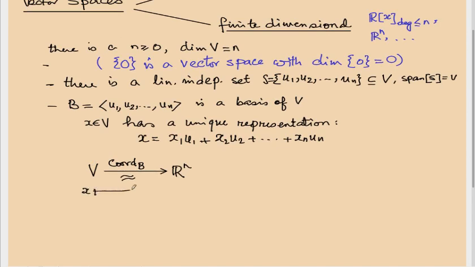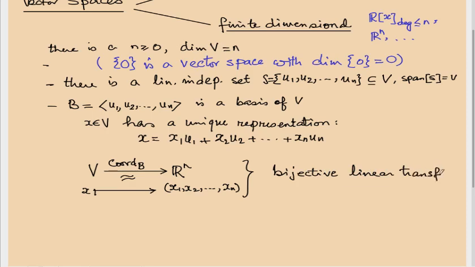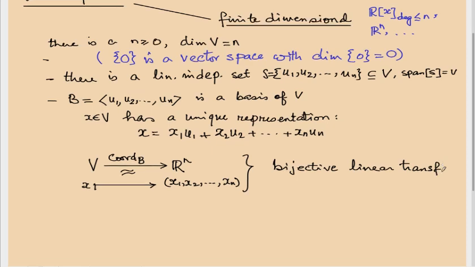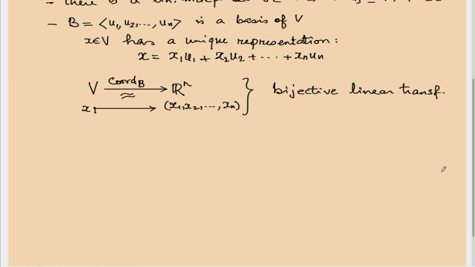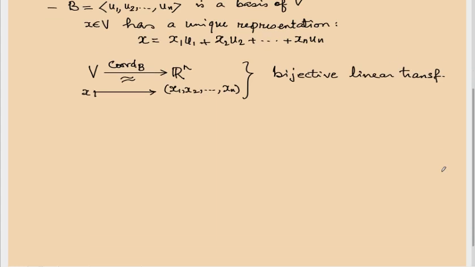We take x to its coordinate vector; this is a bijective linear transformation. Okay. So that is what we established. And I said something on what this geometrization is, which I will repeat again. And that is where we are going to start off from today.